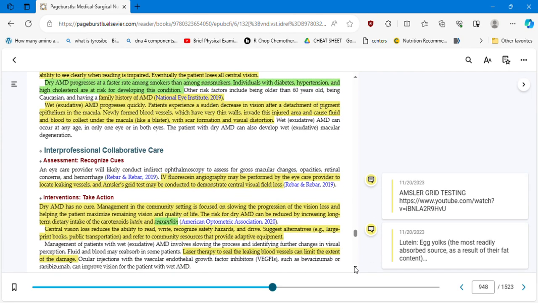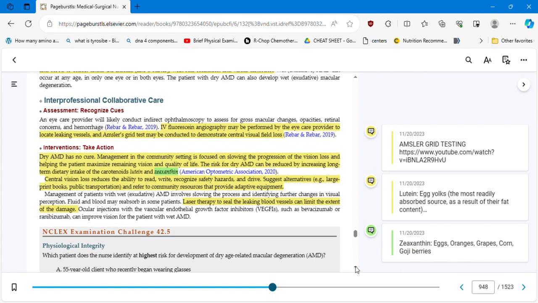That's why it's called wet, because new blood vessels are going to invade this area, and fluid and blood are going to collect under the macula. That's the wet concept, fluid and blood.